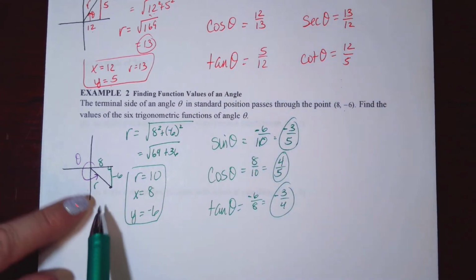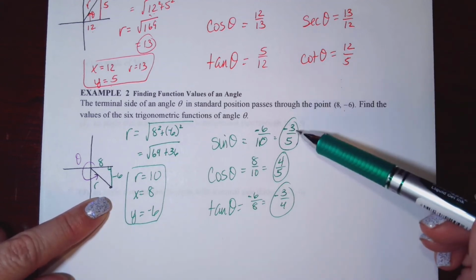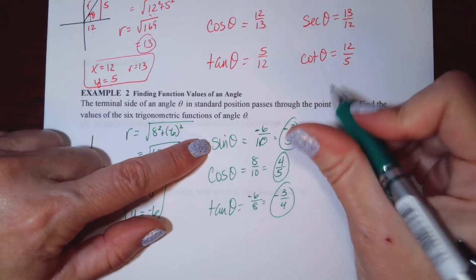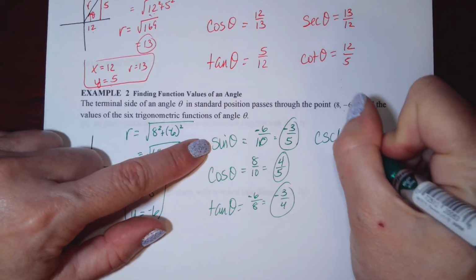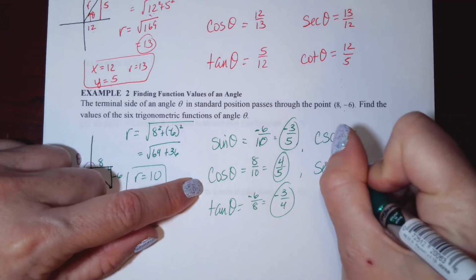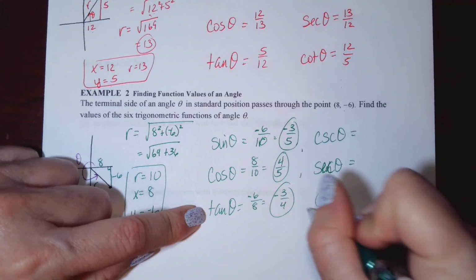So notice, because I'm in quadrant 4, anything that has a y involved is negative. Sine is negative, tangent's negative, cosecant is going to be negative, and cotangent is going to be negative. So there's my reciprocal trig functions: cosecant theta, secant theta, and cotangent theta.